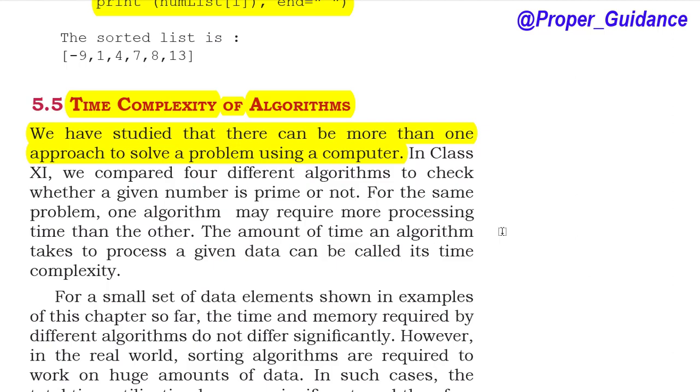We have to calculate the complexity of algorithm. The complexity of algorithm helps you to select the appropriate technique or algorithm to implement in that particular programming section. This is the concept of time complexity of algorithm.